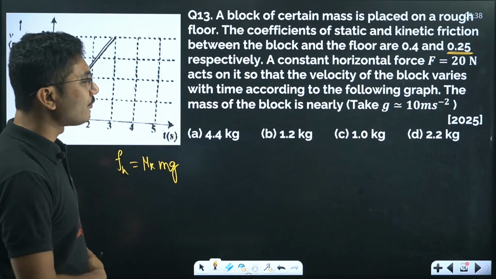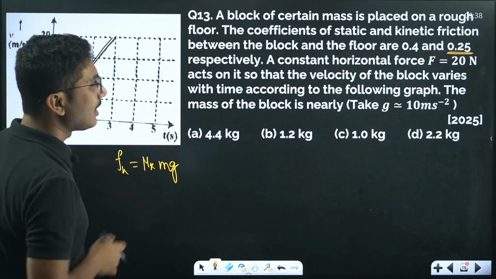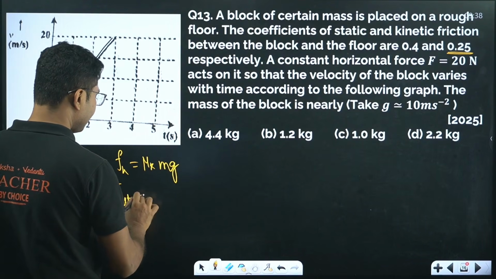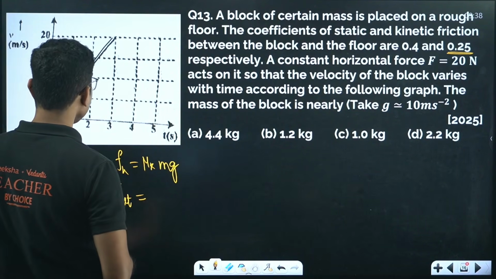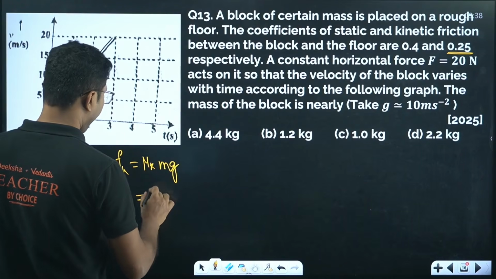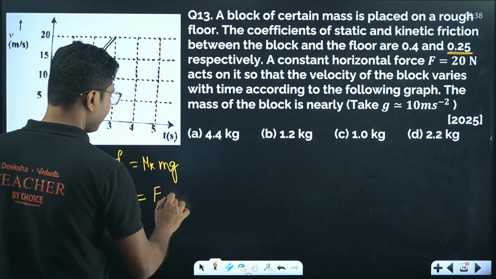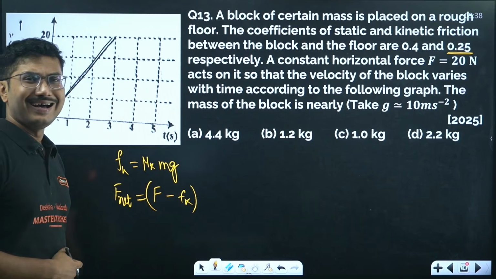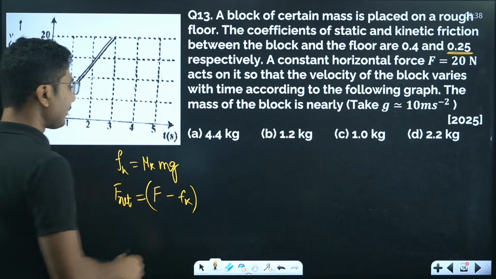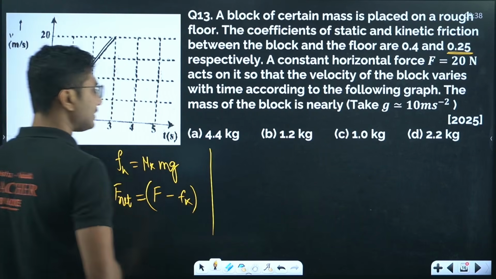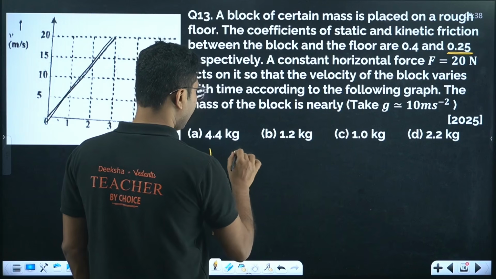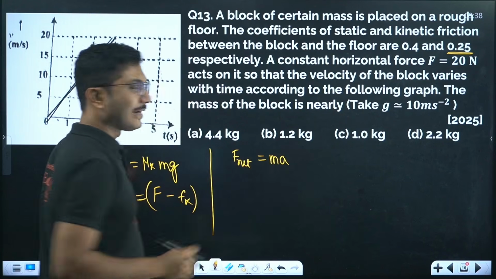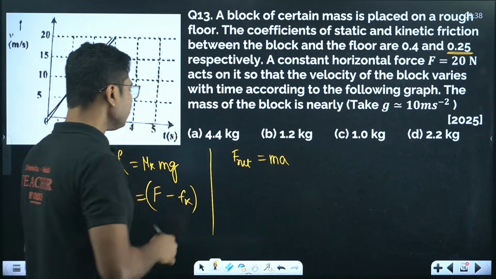What is the applied force? Applied force is 20 Newton. So what is the net force? Net force is equal to the applied force minus the kinetic frictional force. Now, this is the net force, which means there will be an acceleration. So net force equals ma.